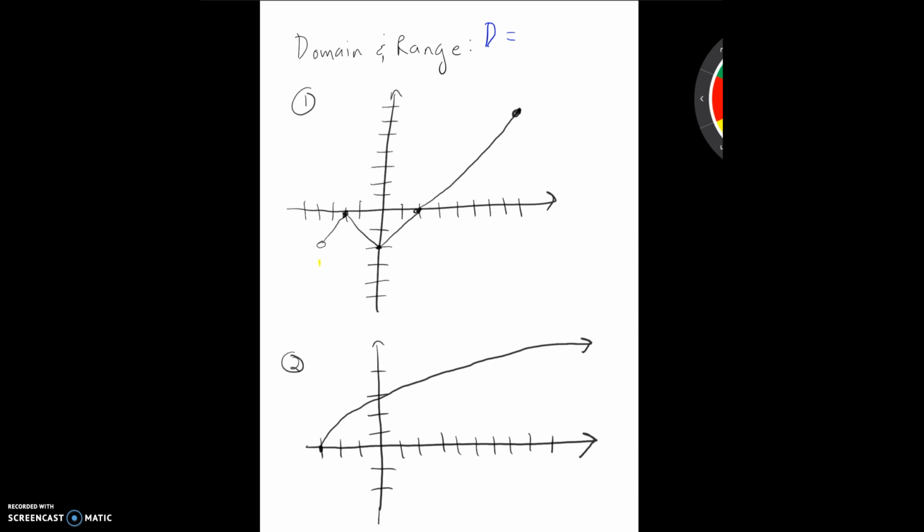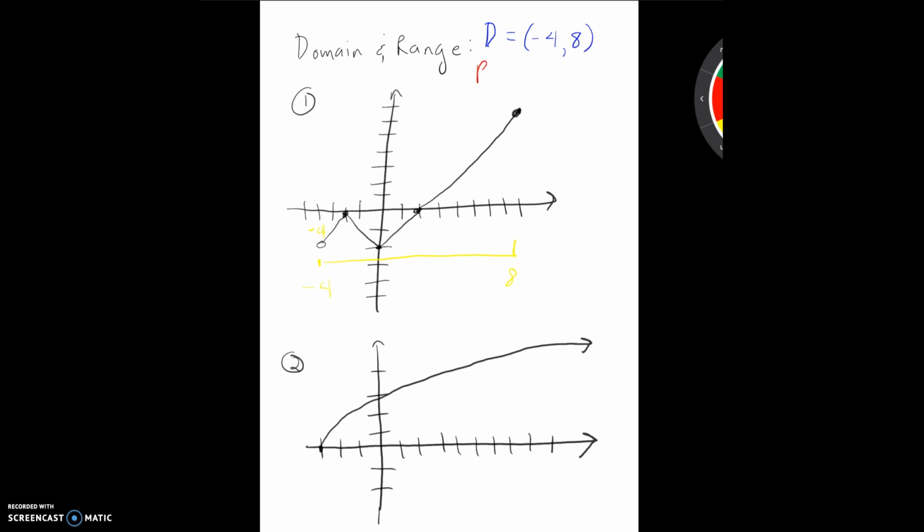My x values, the horizontal values, start over here, which looks like -4 on the x-axis, and my graph ends right here, at the x value 1, 2, 3, 4, 5, 6, 7, 8. So our graph starts at -4 and ends at 8. But keep in mind, we have that open circle at -4, so we're going to represent that by using an open parenthesis, and the domain goes from -4 to 8.